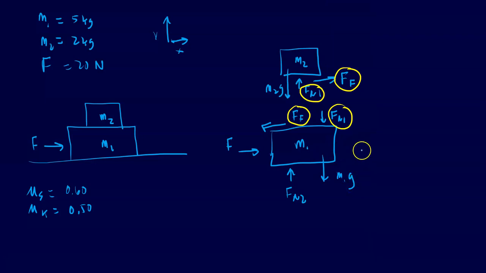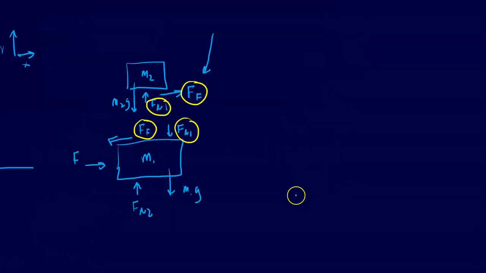So these are our forces, and again, the one that we're going to be really focused on is the force of friction on the top block, because that's essentially what we want to find. And if we can find either the force of friction on the top block or the force of friction on the bottom block, which again is equal and opposite, we need to find it one way, in this particular case, to move forward.